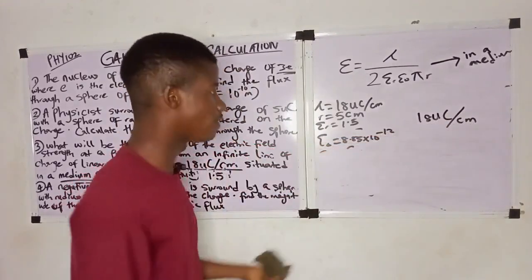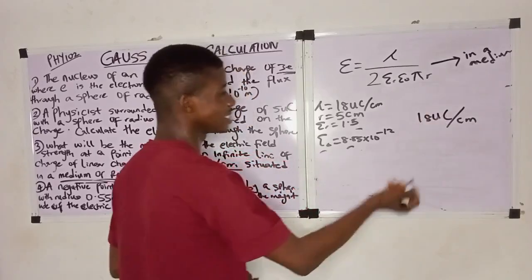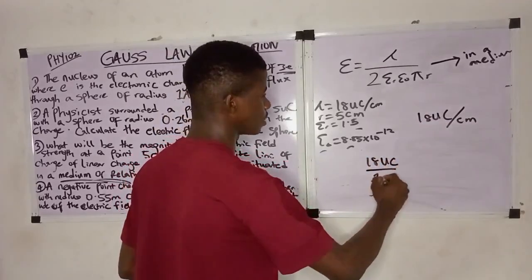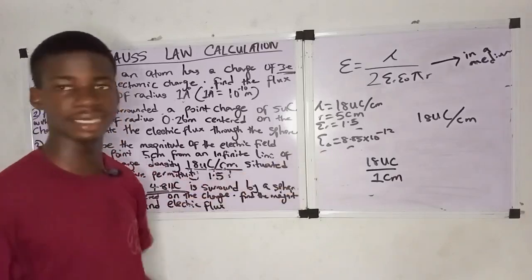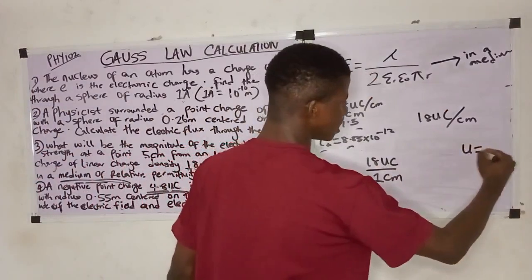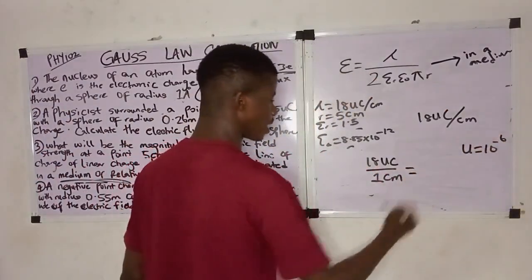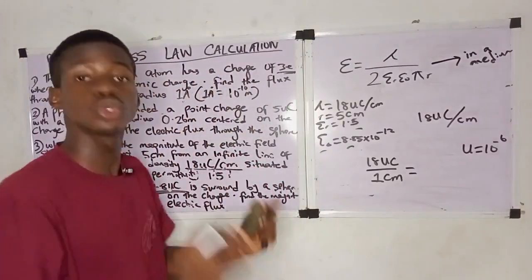So let's convert it. 18 microcoulomb per cm is the same as 18 microcoulomb divided by 1 centimeter. Don't forget that micro is 10 raised to minus 6, and we want to convert microcoulomb to coulomb.